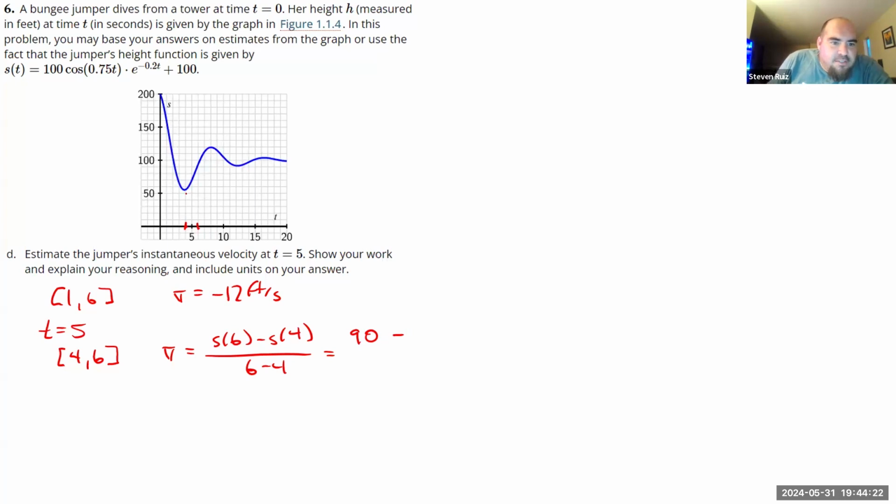So s of 4 looks like she's very near the bottom of her jump. It looks like 55. So 90 minus 55 over 2. So 45 over 2, let's say 22.5 feet per second.